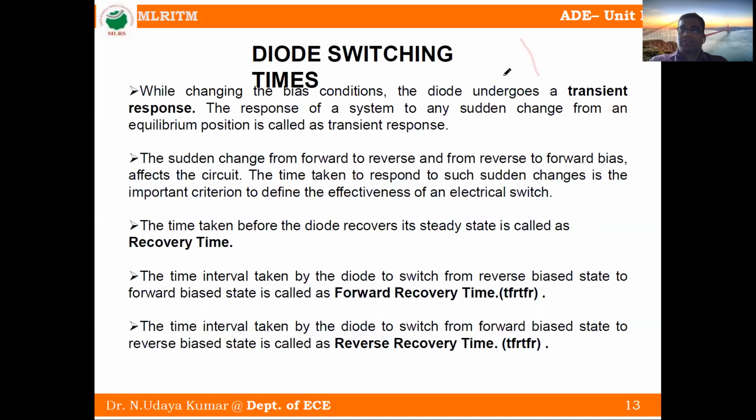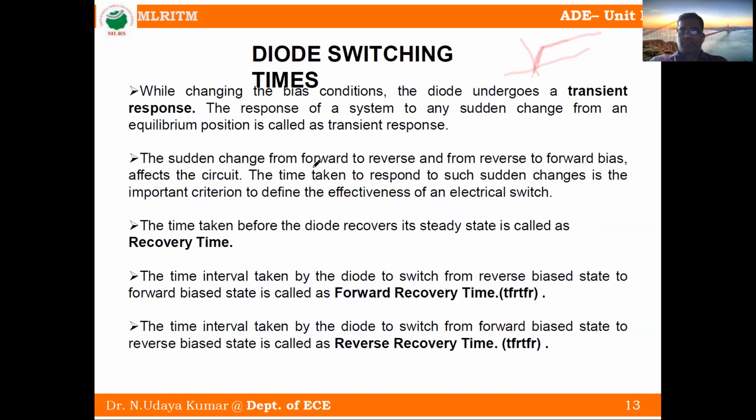Transient response is nothing but the sudden change from equilibrium, meaning 0. It suddenly changes like this. So this portion up to here is steady state. This portion from 0 to here we call the transient response.